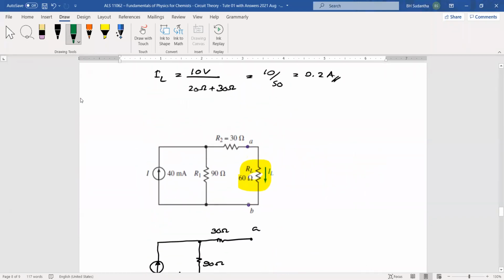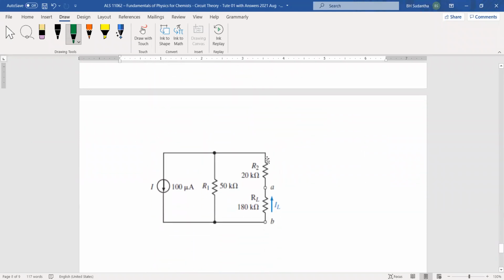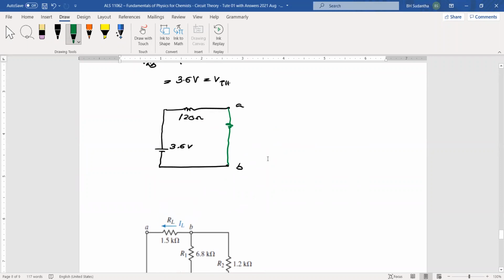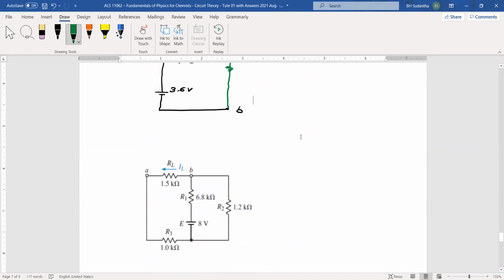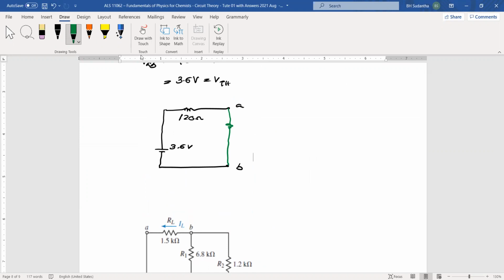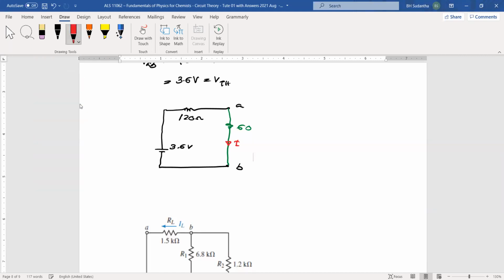The value is 60 ohm. This is the current we want to find.